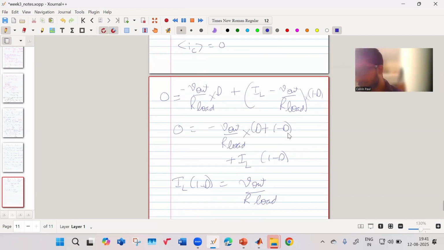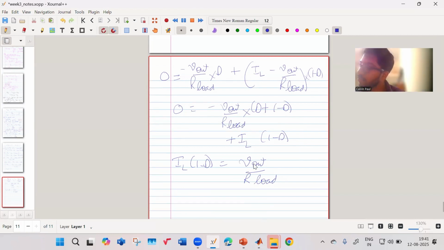So now we know V output and R load, but we don't know the average IL required and the average D required.